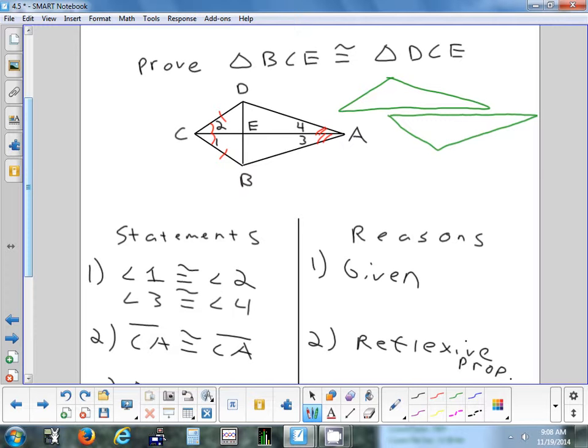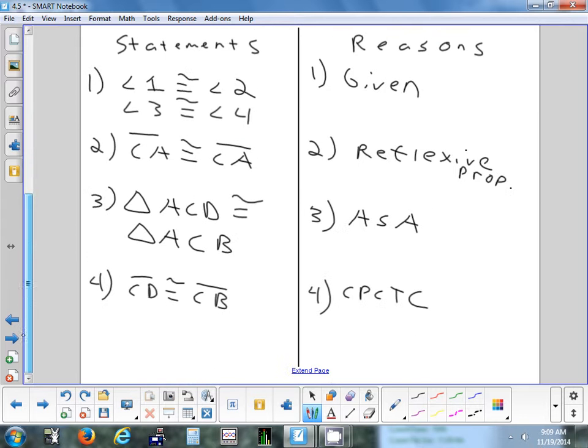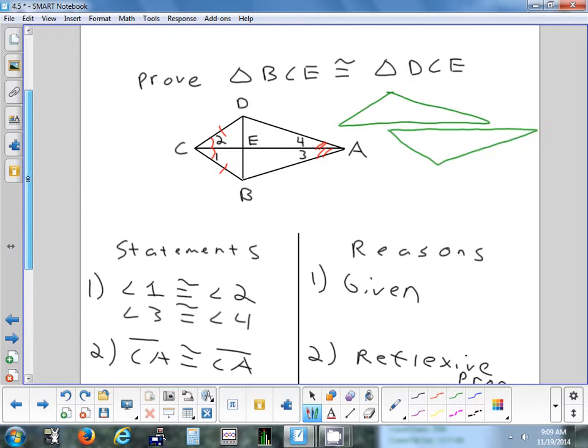Okay, so on your own, when you're writing this kind of proof, that's what you would have needed to figure out in your head, the hint that I just gave you. Yeah, CE is congruent to CE. Yes, reflexive property. Let's mark it.